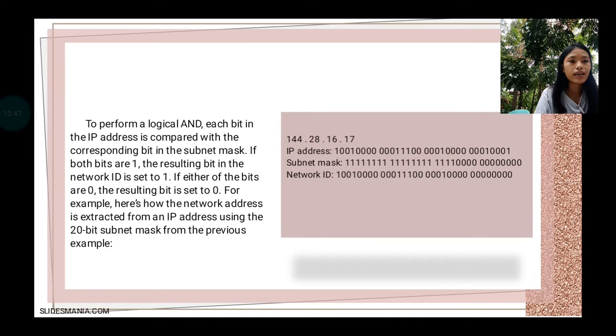And the second bit of the IP address is 0 and the subnet mask is 1, then the network ID second bit would turn to 0, since if there is any 0 of the 2, the result would be 0. So here we can now see that our network ID is 144.28.16.0.